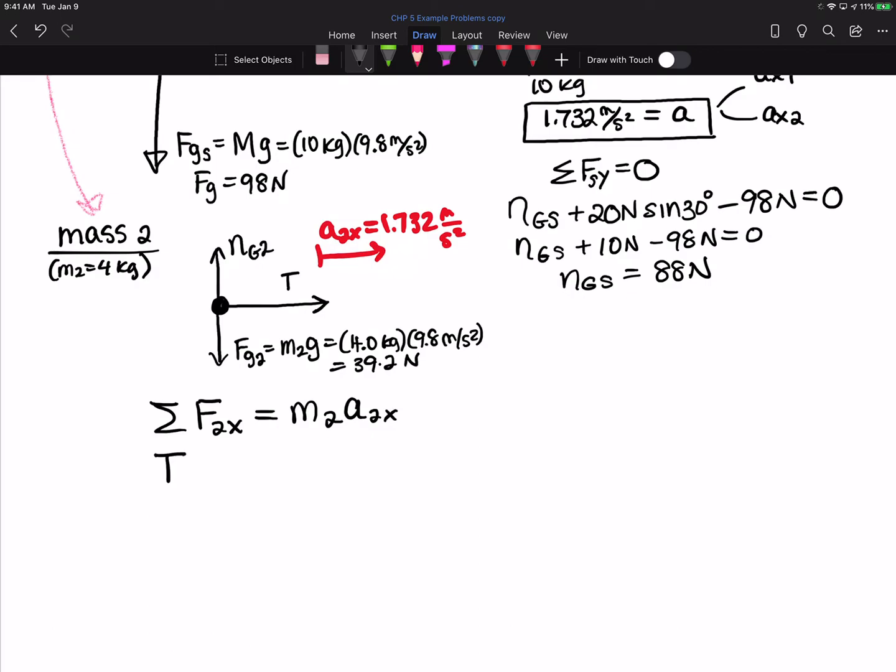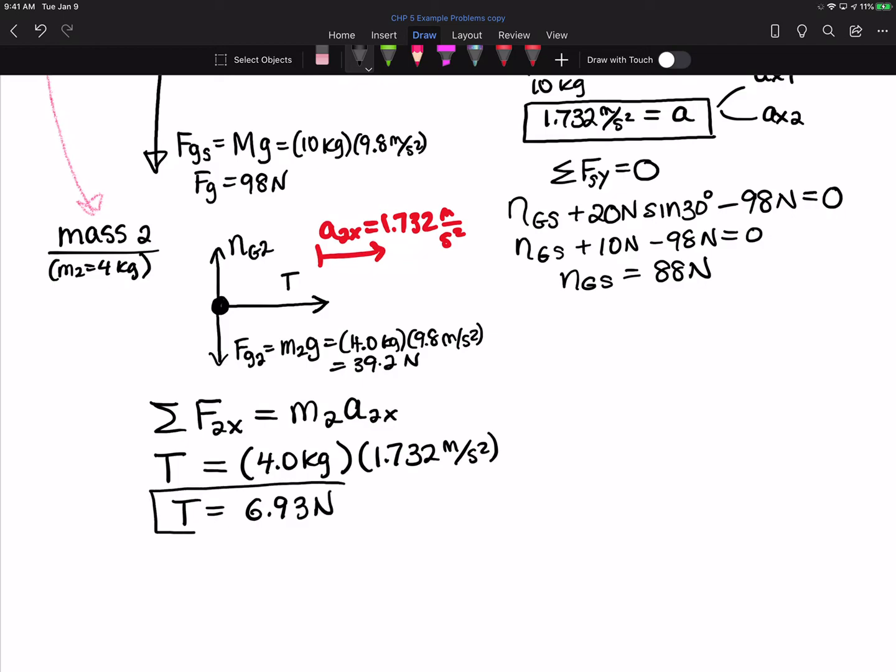The only force acting is the tension, and that has to equal the mass, which is 4 kilograms, times the acceleration of 1.732 meters per second squared. So my tension ends up being 6.93 newtons. So I've now determined the tension.